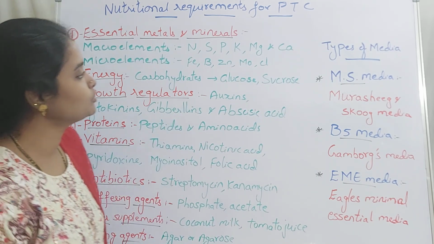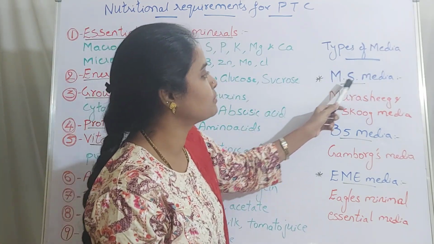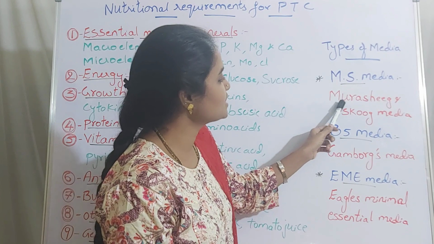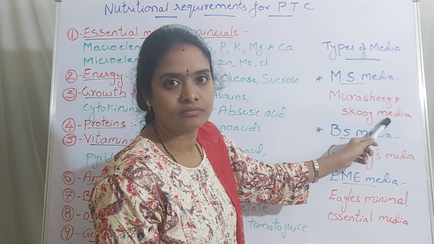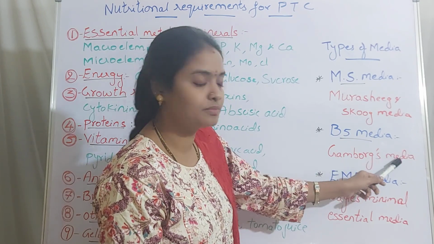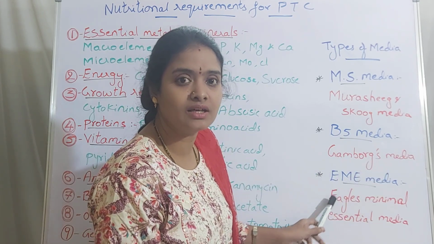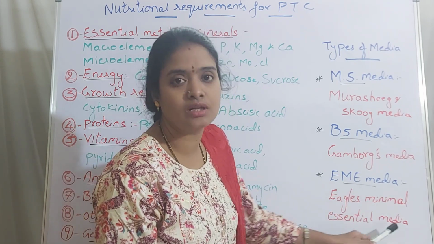So if you come to the types of media, mostly we make use of MS media, that is Murashige and Skoog media. Then you have B5 media, that is Gamborg's media. Then you have EMEM media, that is Eagle's minimal essential media.